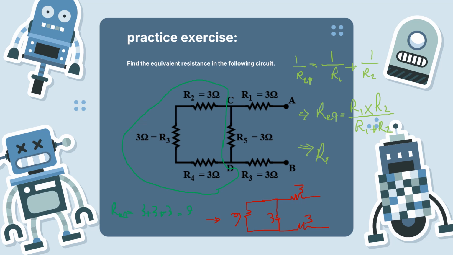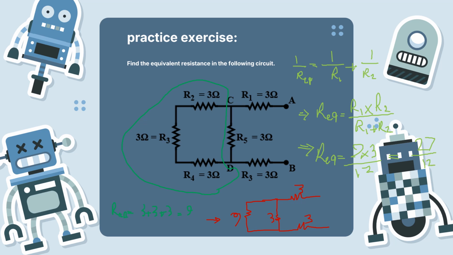R equivalent is now 9 times 3, 9 plus 3, it's 12. So equal 27 divided by 12.